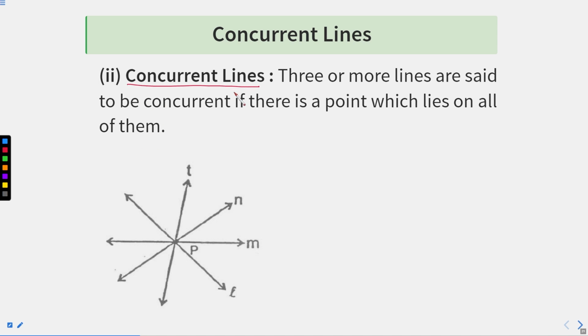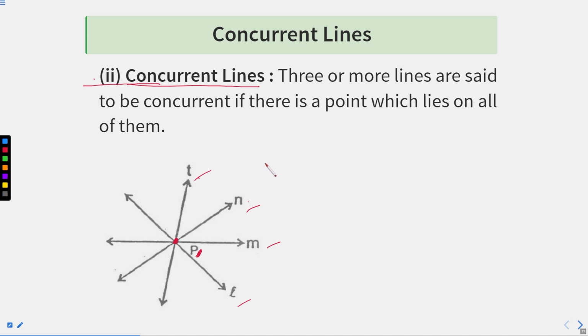Suppose we have 3 lines, say T, M, and L. Suppose we have 4 lines, and all the lines intersect only at a single point, naming it P. Then this type of intersection of the lines will be called concurrent lines.